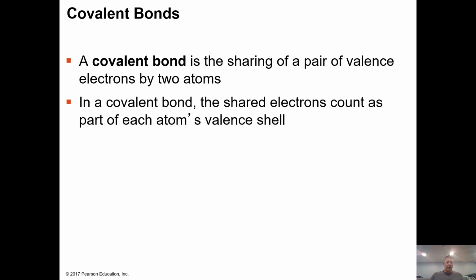The valence shell is the outermost shell in the atom. So covalent means that you're getting sharing of electrons between the two, and almost like the valence shells are kind of combining together.